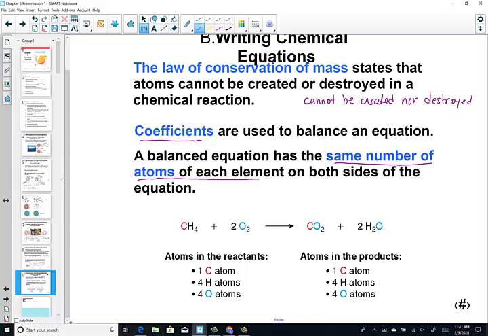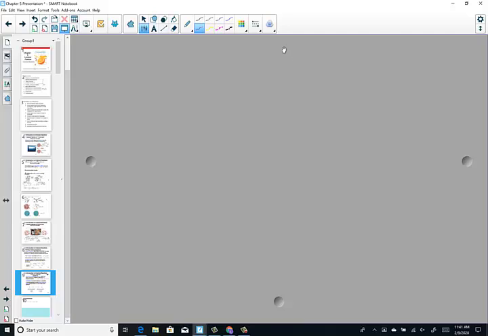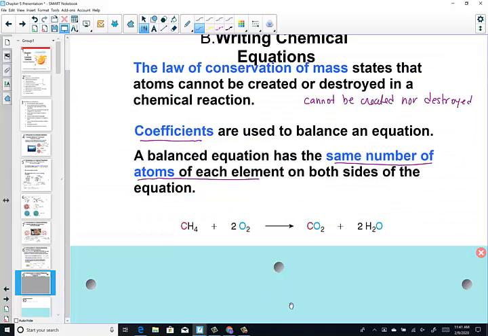Let's count together. In this example, you have typed on your page, it looks like this: CH4 plus 2 O2s yield CO2 and 2 H2O. We're being asked to just account how many atoms of each are present in the equation.